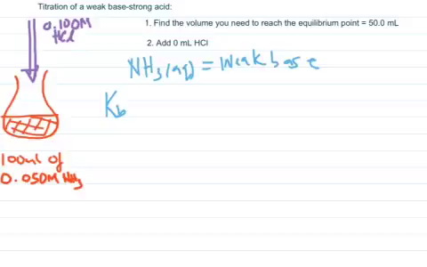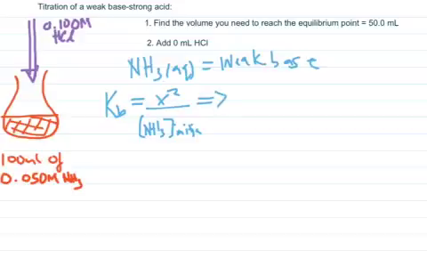Well, when we're dealing with a weak base, we use this equation: Kb equals x squared over the initial molarity, in this case of the ammonia. And we're just going to plug in what we know. So we found the Kb to be 1.8 times 10 to the minus 5.